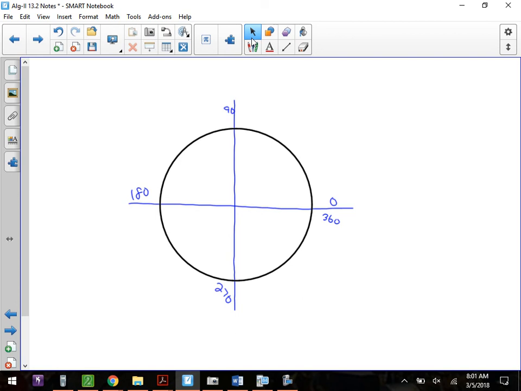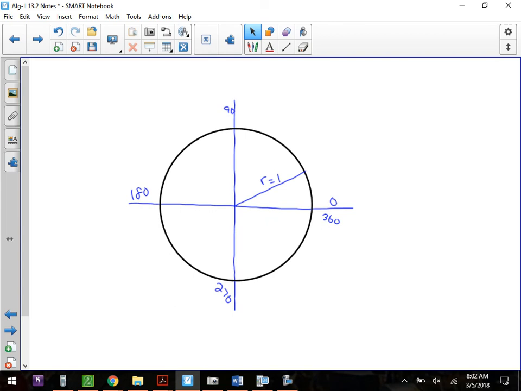Now, if I wanted to change this up a little bit, and I say that this has a radius of 1, what's the circumference if the radius is 1? 2 pi. Okay.